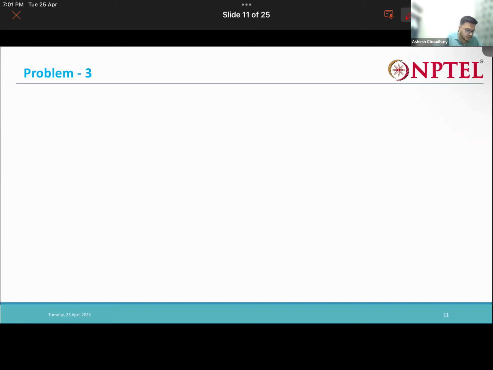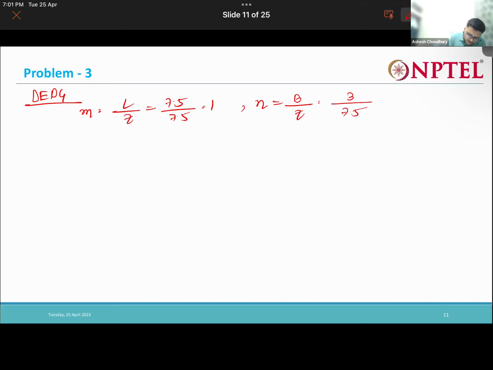So for area DEPG, M is 7.5 by 7.5, and N is G by 7.5. So if we do that, we will get the K values for CEPG.